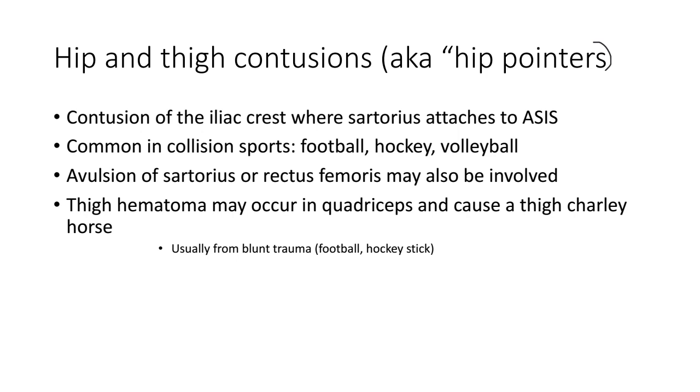The sartorius or the rectus femoris might be avulsed, so you might have an avulsion of those muscles. And on the thigh, if there's some type of a collision or a hit, a thigh hematoma may occur in the quadriceps and cause a thigh Charlie horse. Something like that is usually from blunt trauma, like a hockey stick or a football.